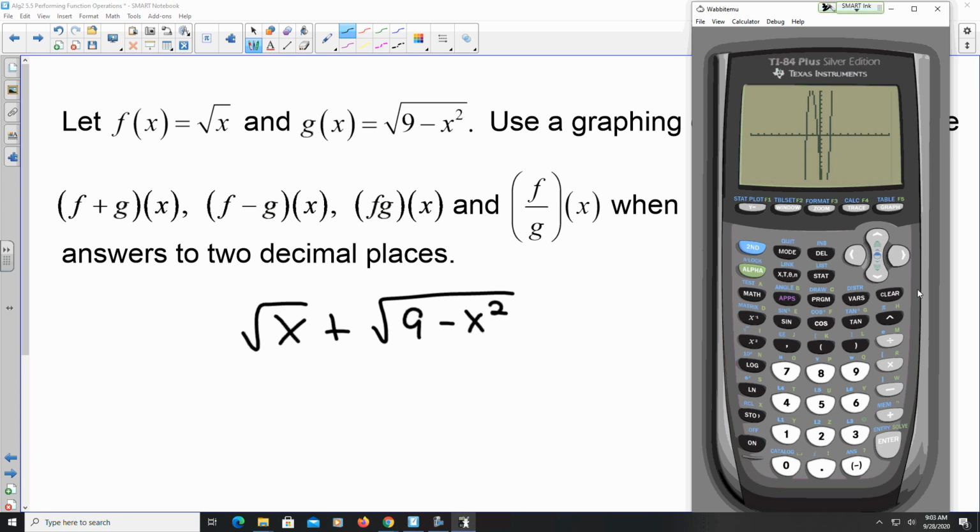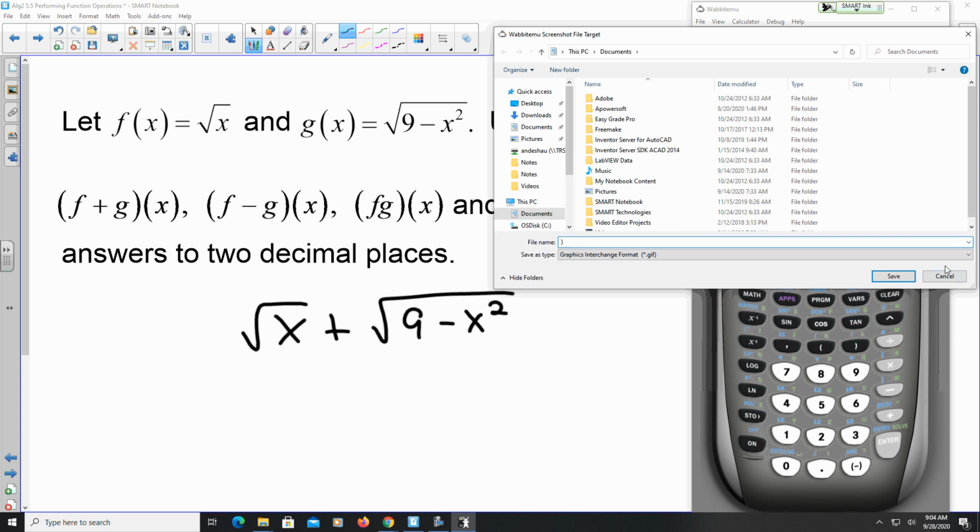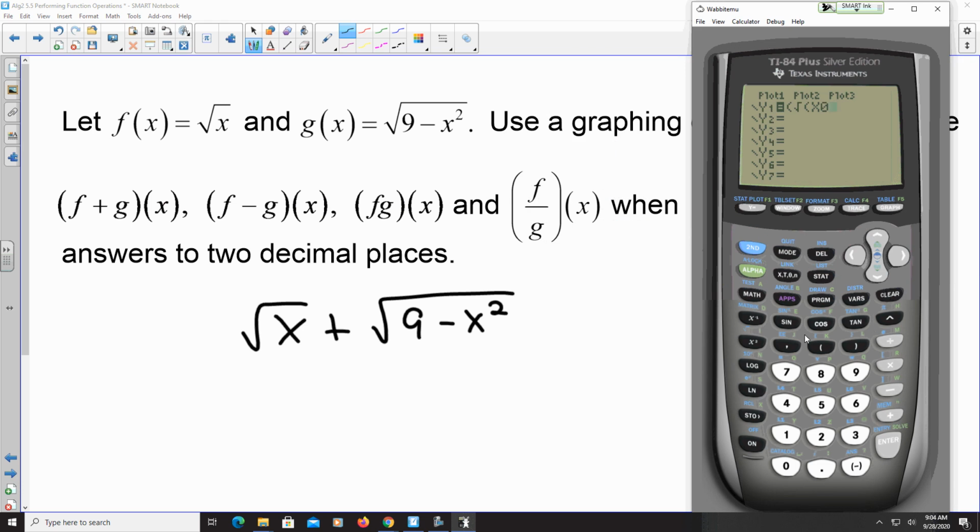So if I type this in, let's put square root of x, close it, plus square root of 9 minus x squared, close it, and then we'll graph it.